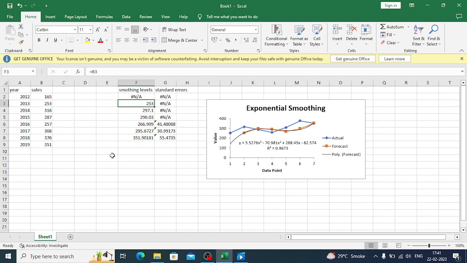Exponential smoothing can be calculated with the help of a formula, as the first value cannot be calculated and the last value cannot be calculated.